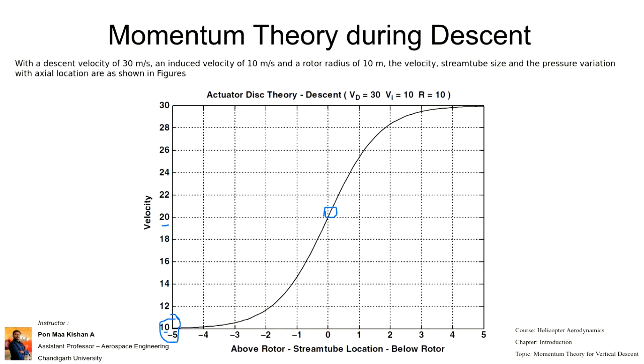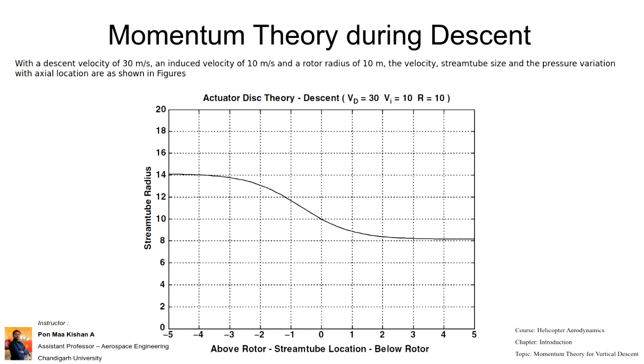These are the experimental data taken with respect to the primary data: descent velocity is 30 meters per second, induced velocity is 10 meters per second, and rotor radius is 10 meters. Apart from that, there is the stream tube radius, for which we consider how much radius to keep.